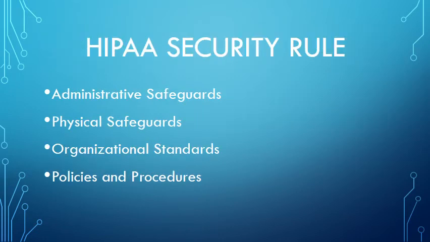The Health Insurance Portability and Accountability Act, or HIPAA, security rule established a national set of minimum standards for protecting all electronic protected health information. The security rule contains the administrative, physical, and technical safeguards that must be put in place to secure the electronic information.